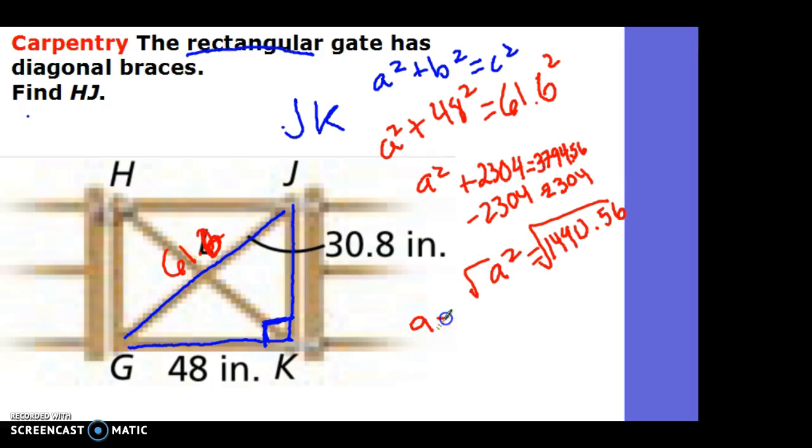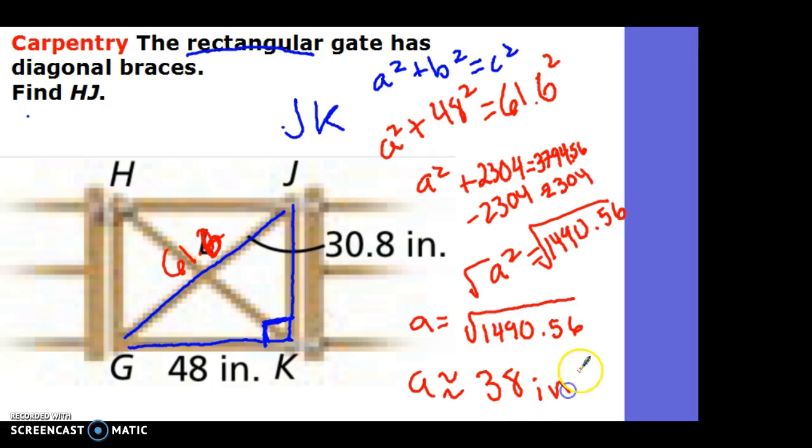So we know that a equals the square root of 1,490 and 56 hundredths. So what does a approximately equal? Yes, Kalia? 38. Is there any decimal? 37. Okay, so perfect. It does round up to 38 inches. So we can see the one nice thing about a rectangle is within a rectangle we can use the Pythagorean theorem.